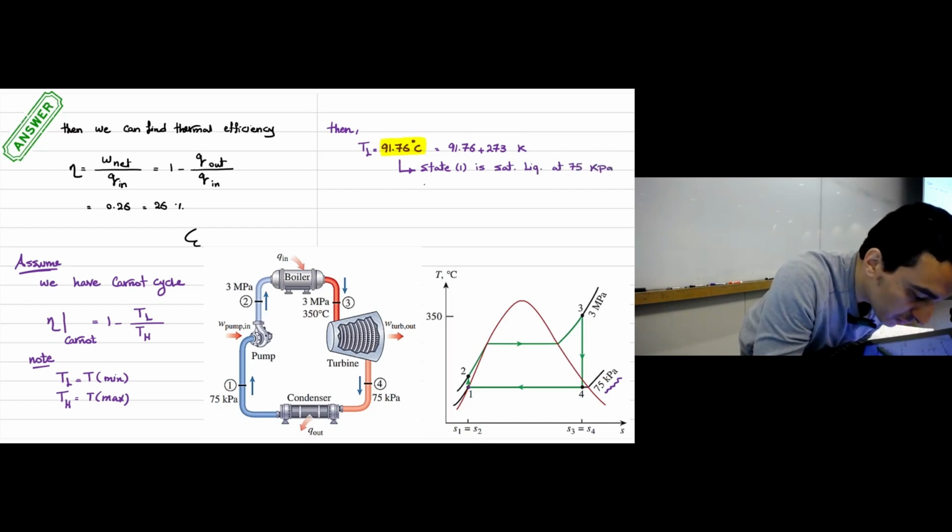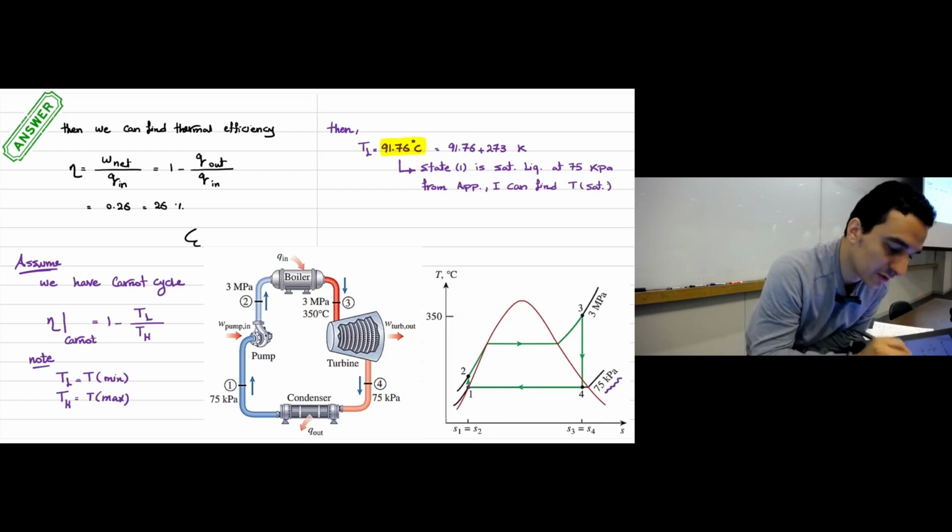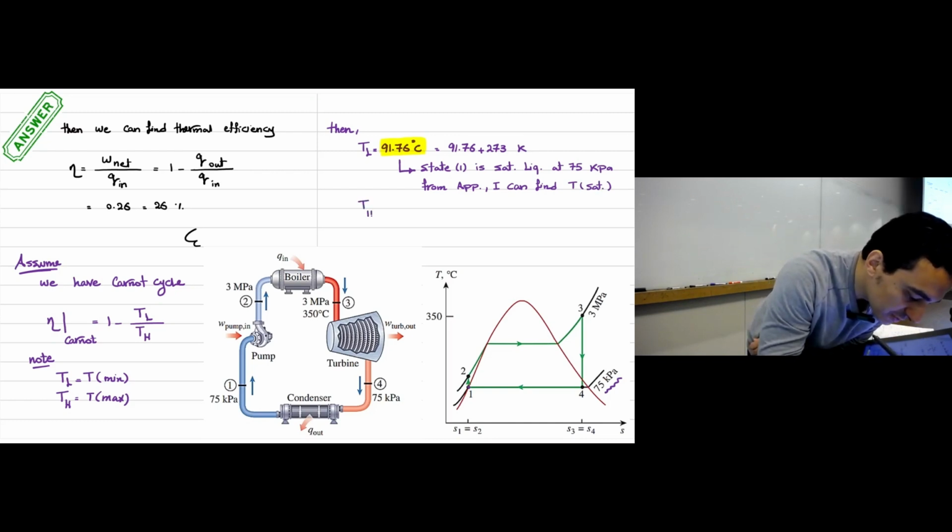Then if you use this information, from the appendix we can find the saturated temperature, which is TL in this example. T high in this example, the maximum temperature we have, is 350 degrees Celsius. This was given. But again, I will convert it to absolute temperature. So 350 plus 273 Kelvin.